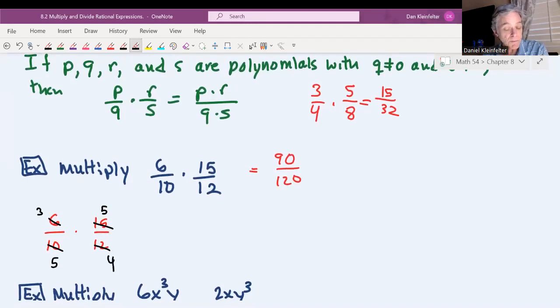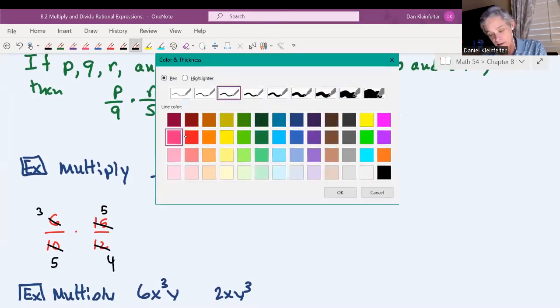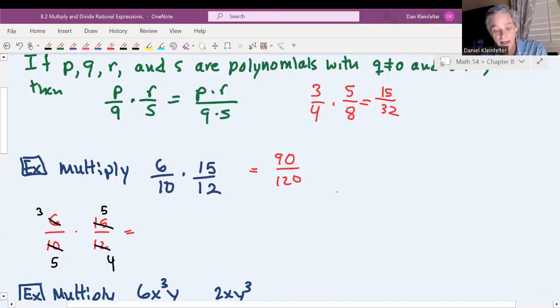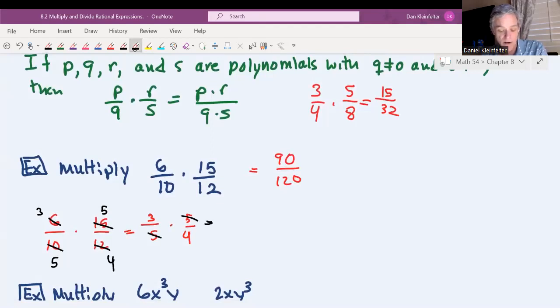From here, you can keep canceling if you like. I like to rewrite the problem periodically just because it ends up with a lot of crossouts otherwise. This is 3/5 times 5/4. Now here you can see there's a common factor of 5 that you could divide out, and that's what leaves us with 3/4.